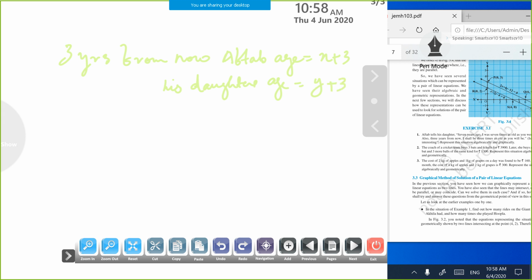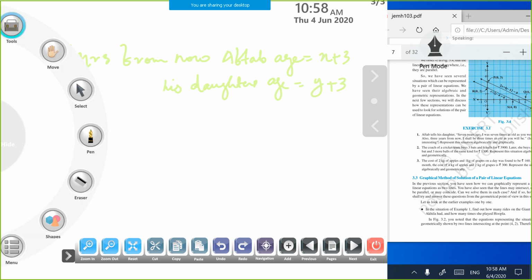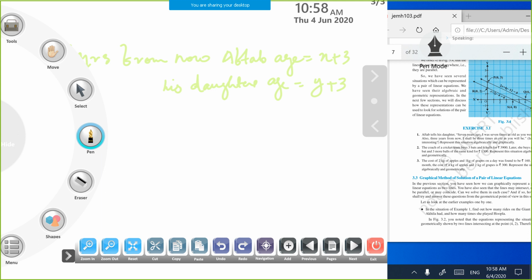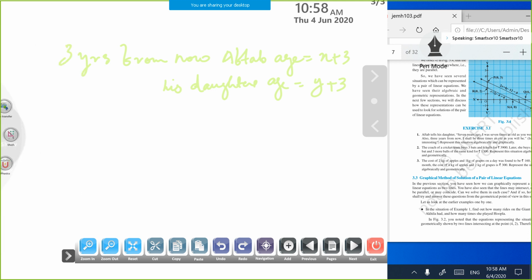According to our question, 3 years from now our daughter's age will be y plus 3.